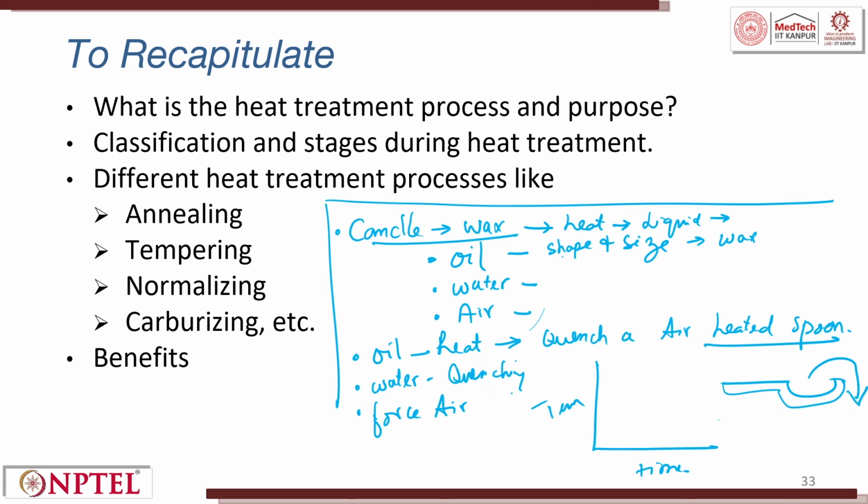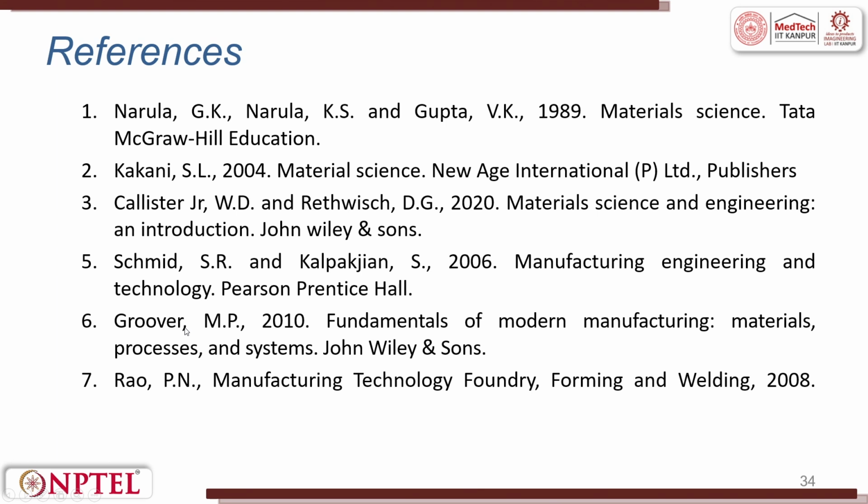Water quenching, bring it to room temperature, and do the same. Forced air cooling, bring it to room temperature and then bend. Make sure you do not hurt yourself. These two exercises will clearly demonstrate the influence of heat treatment on the output. These are the reference books which we have used for making the slides, and thank you very much.